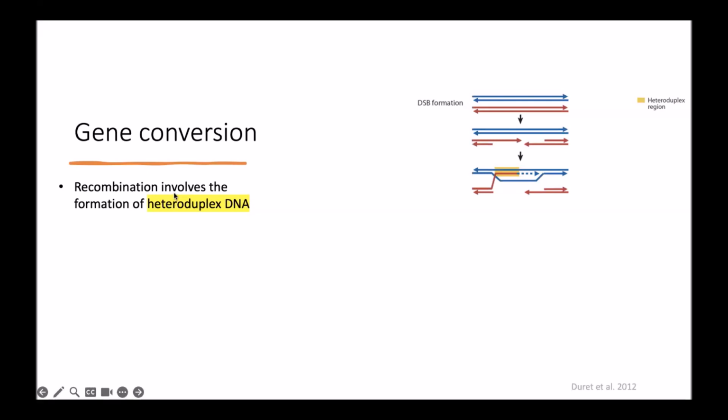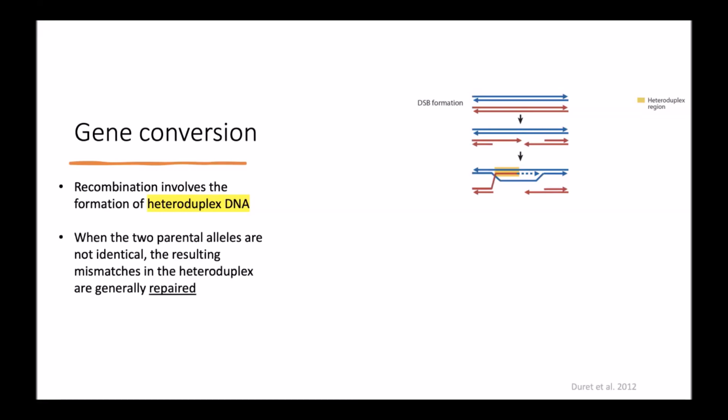Recombination at all steps includes the formation of a heteroduplex DNA, depicted here with the yellow rectangles. It will include the strands of non-sister chromatids. And if the parental alleles include some differences, for example different alleles, there will be a mismatch.